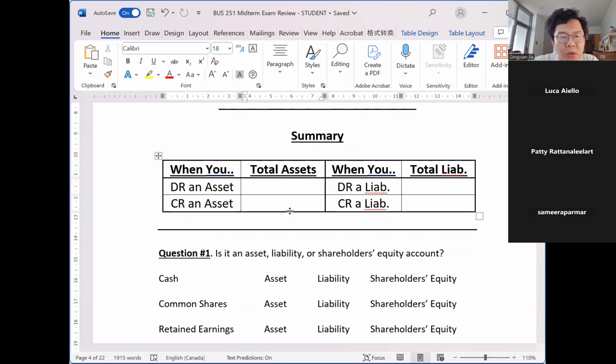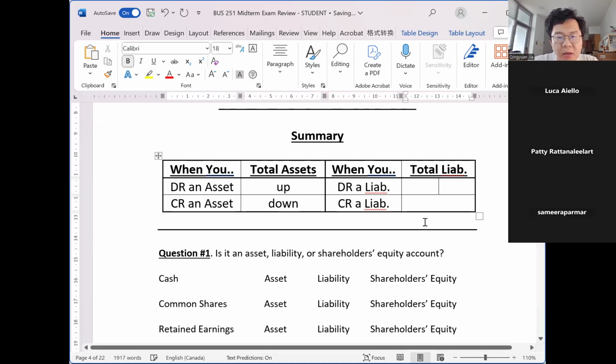So when we debit an asset, the total assets will go up, and when we credit an asset, the total assets will go down. And the liability will be the opposite direction. When we debit a liability, the total liability will go down. And when we credit a liability, the total liability will go up.